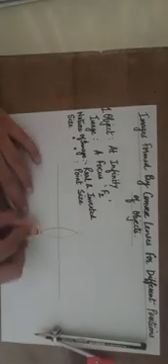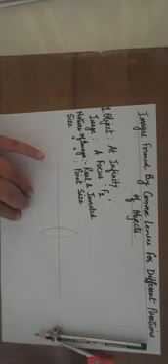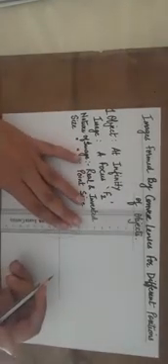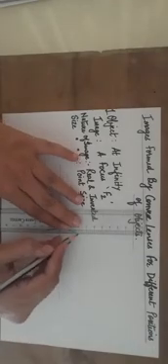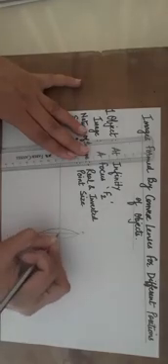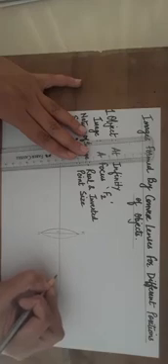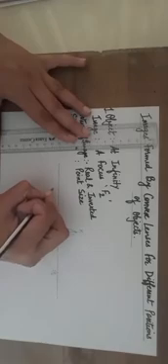Just clean the edges. Show the optical center. You can even give the name to the lens MN. Here this is the optical center, the two points F2, and this is 2F1.